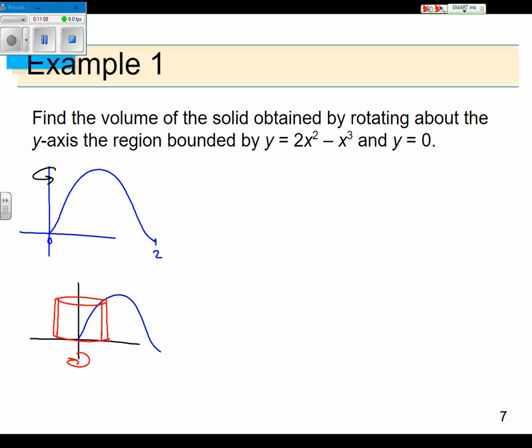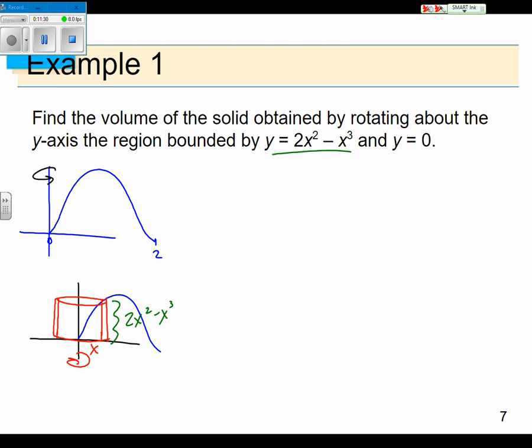So the height of my toilet paper right here is just going to be my function value, this 2x squared minus x cubed. Okay? And then the circumference of my circle, well, I'm still just coming out x units, right?